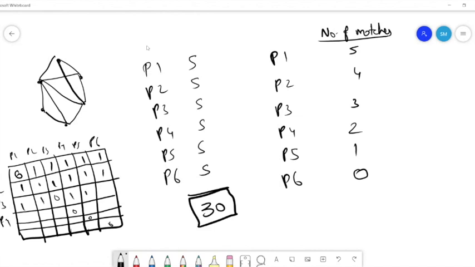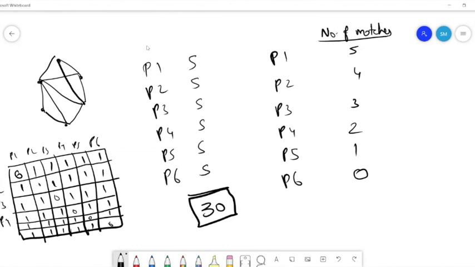That's correct. But Shiv, P1 plays with P2 and P2 plays with P1 also. We have marked that also as 1. That means P1 is playing with the same opponent.